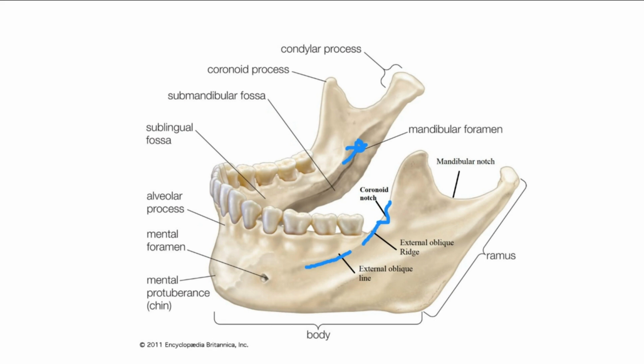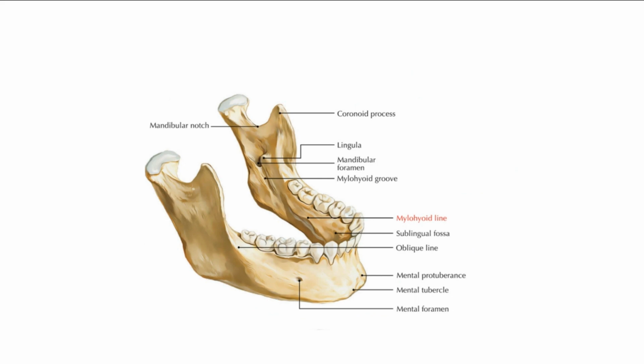Also, here is the mental foramen, because we will be talking about this. Same thing here. Remember, the lingula is right here. This is the foramen with the inferior alveolar nerve going into it, and this will be our target, so we will be talking about this.